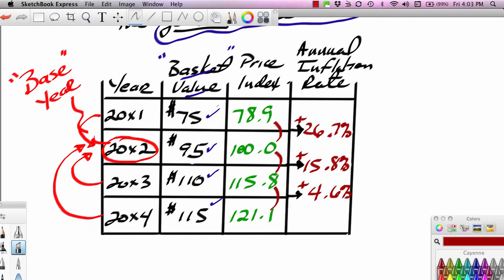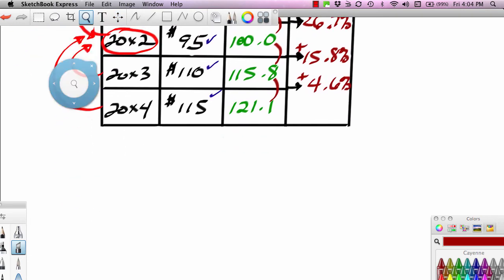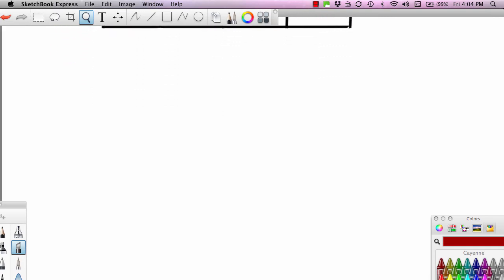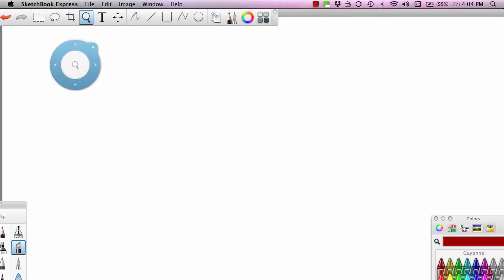Okay, all right, so you need two basket values to get an index, and you need two index numbers to get an inflation rate. All right, now let's mess around with this a little bit more. There's a couple other things I want to show you here, and then we'll call it a lesson. This lesson's going on a little bit long, but let's finish this up on this particular segment.